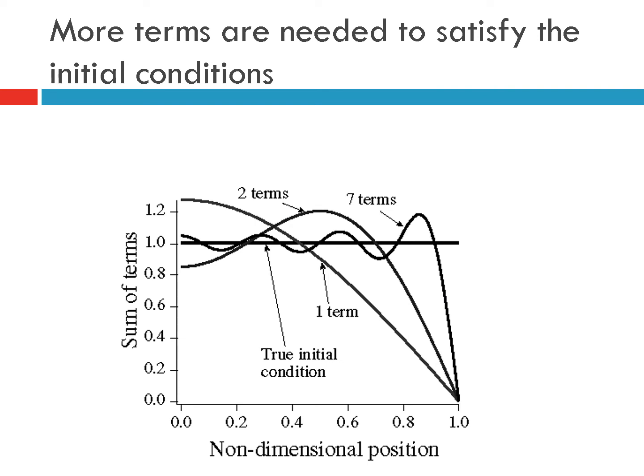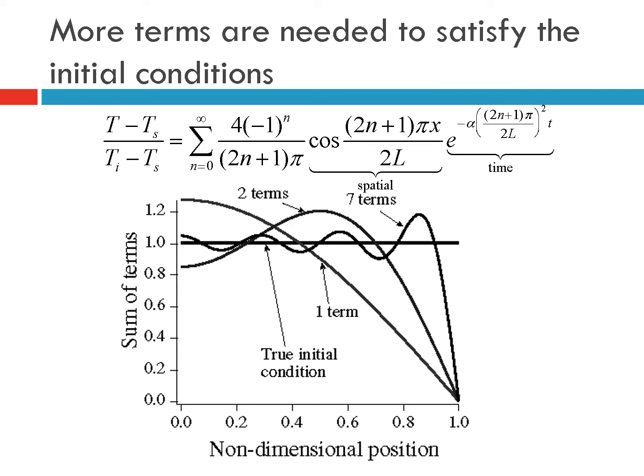Now a little more about why we have the summation term in our solution. Notice that we derived the position variable, the function that shows how temperature varies with position, as a cosine term. So when plotted, it will look something like this, part of a cosine function.